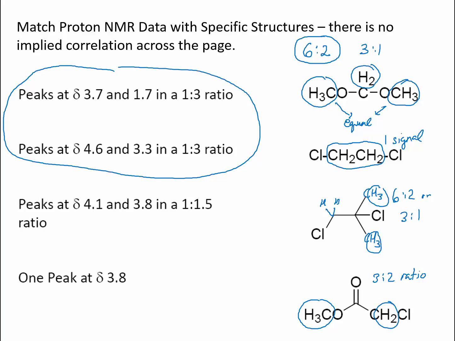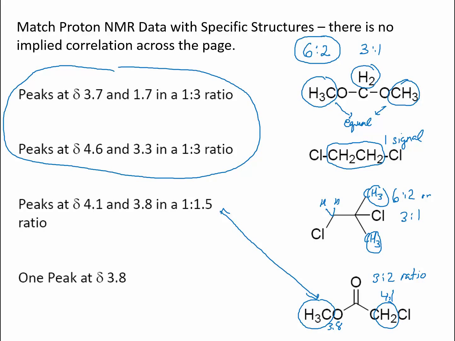So these are our signals that are coming in the 3-to-1 ratio. A peak at 4.1 and 3.8 in a 1 to 1.5 ratio, that's this one. The peak at 4.1 is there, and the peak at 3.8 is for the CH3 right here.